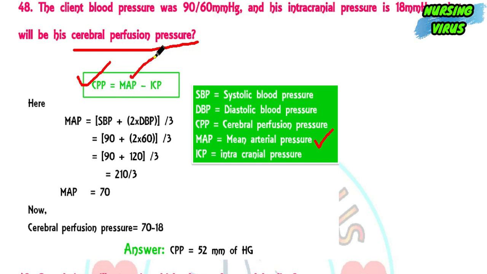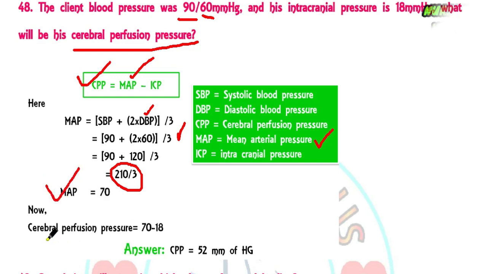Here the mean arterial pressure can be calculated by systolic blood pressure plus 2 into diastolic blood pressure, divided by 3. Systolic blood pressure is 90 and diastolic blood pressure is 60. So you can put it in the calculation and you will get 210 by 3, so the mean arterial pressure is 70.